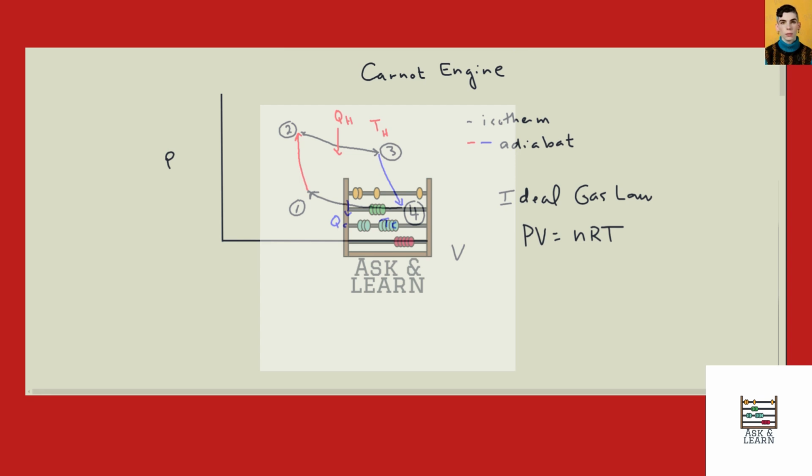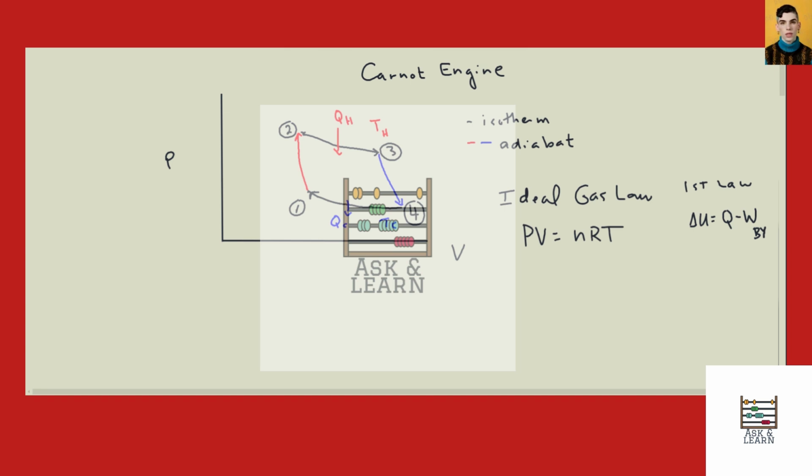The other tool that often is useful is the first law of thermodynamics. Delta U is equal to Q, heat, minus work done by the engine. That could be helpful.